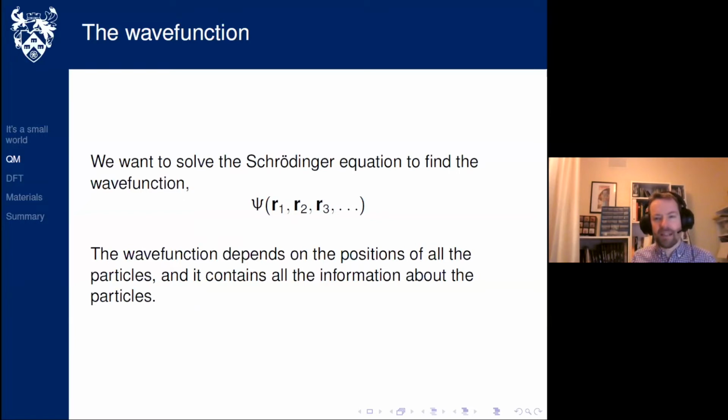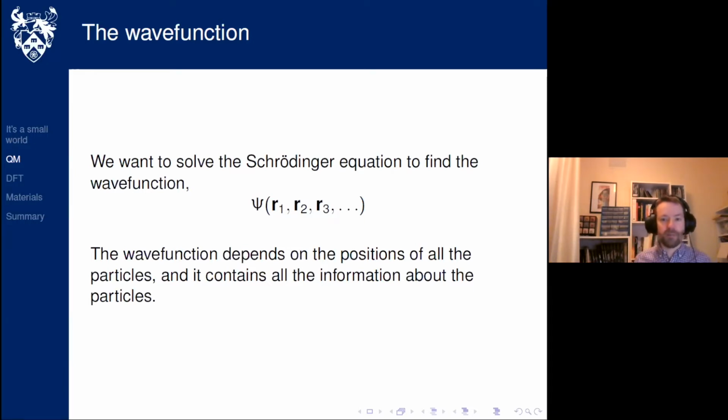How can we predict how they spread out, and how can we predict their properties? Well, we want to solve the fundamental equation for quantum mechanics, which is the Schrödinger equation. And the key thing that I'm trying to discover is what we call the wave function. The wave function, which is often given the symbol psi, is just an ordinary function, except that it depends on the positions of all of the particles in the system that I'm interested in.